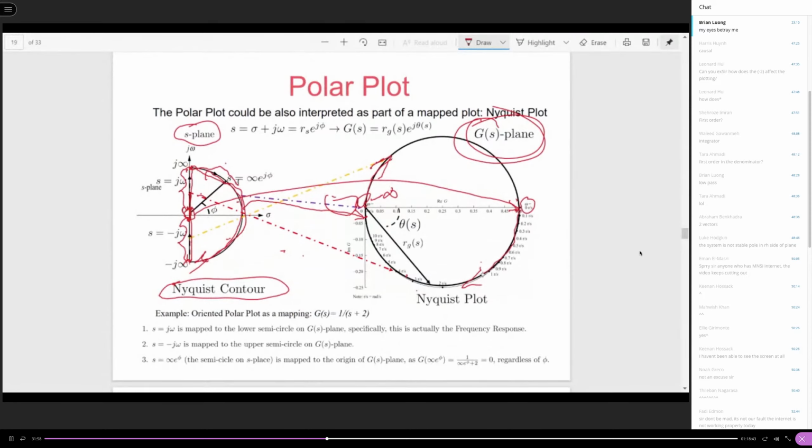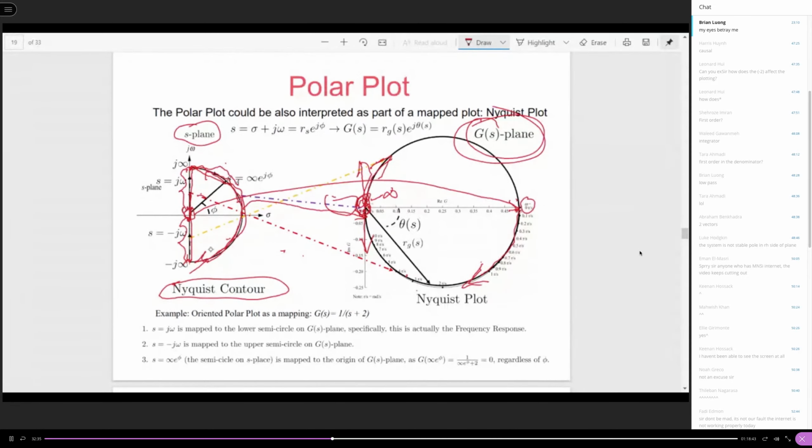After S hits j infinity, it enters the semicircle, and this point goes back to the origin. When S is on the semicircle, the mapped value stays at the origin but rotates the phase from negative 90 degrees all the way to positive 90 degrees.